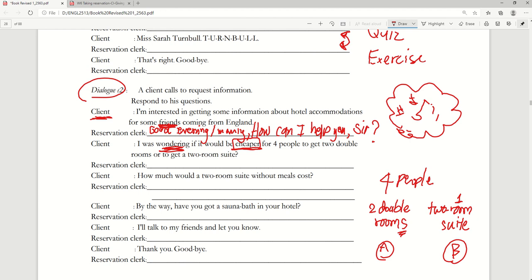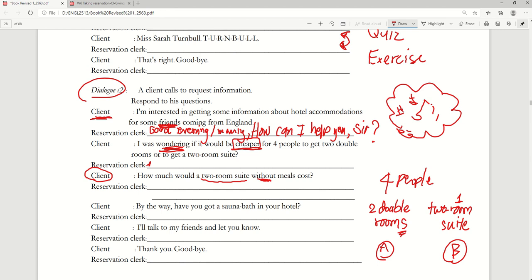Imagine, use your imagination. The clerk says, how much would a two-room suite without meals cost? So you have to assume that he mentioned a two-room suite with meal. But the client would like to know the two-room suite, the same type that a reservation clerk suggested, but without meals.